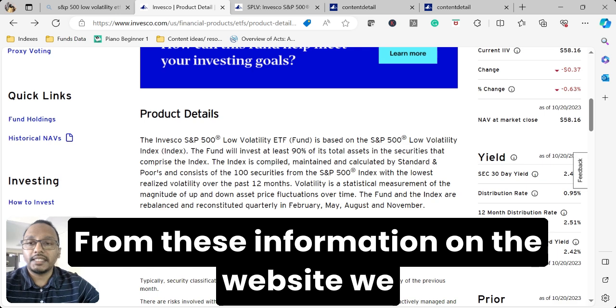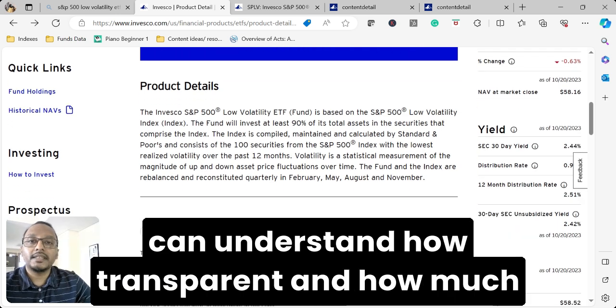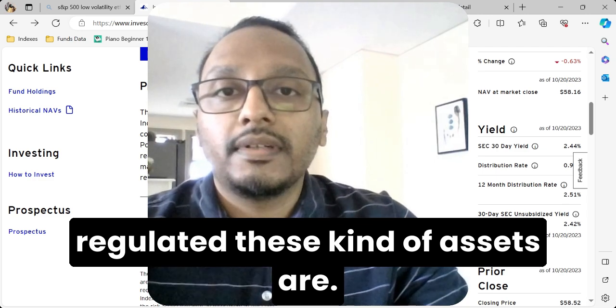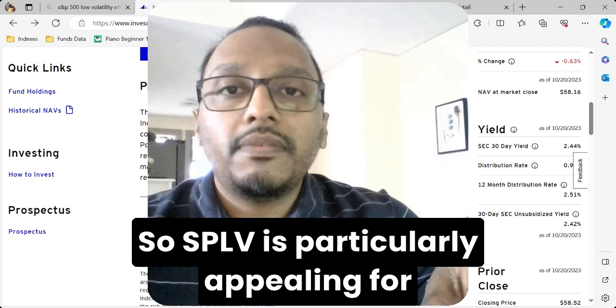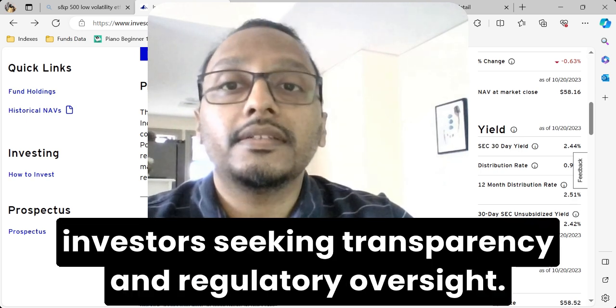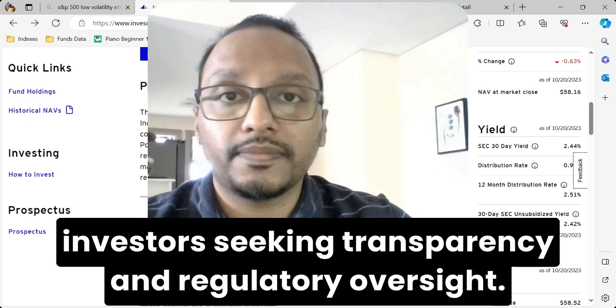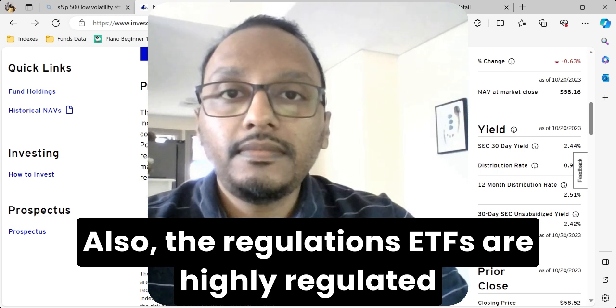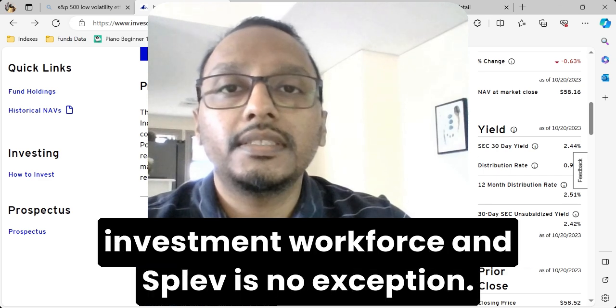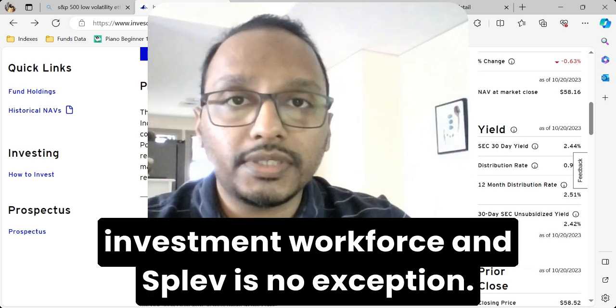From this information on the website, we can understand how transparent and how regulated these kinds of assets are. So SPLV is particularly appealing for investors seeking transparency and regulatory oversight. The regulations: ETFs are highly regulated investment vehicles and SPLV is no exception.